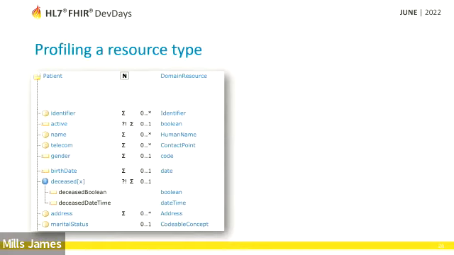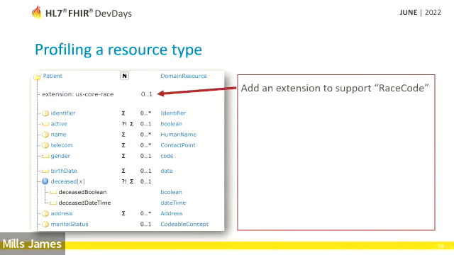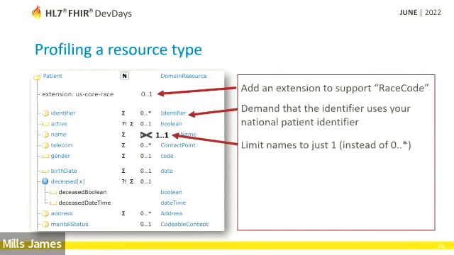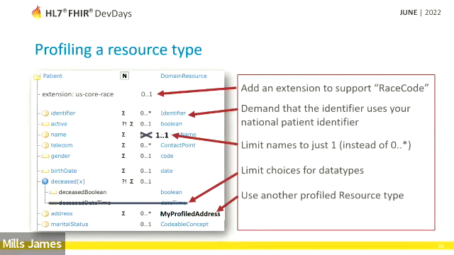So in this slide, I have a couple of examples of things that you can do when you are profiling a resource type. So first, you could add an extension. For example, the US Core Patient has an extension called US Core Race.